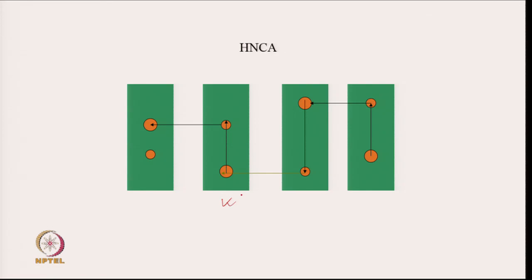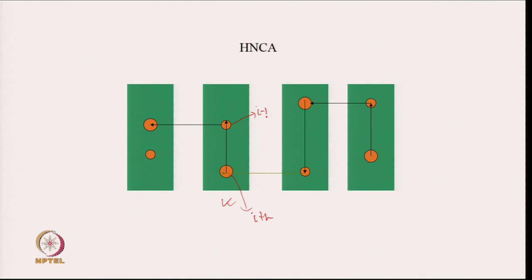So, if you look here, these are 2 peaks, and what does this tell you? This is for the ith residue, and this is for the I minus 1 residue.